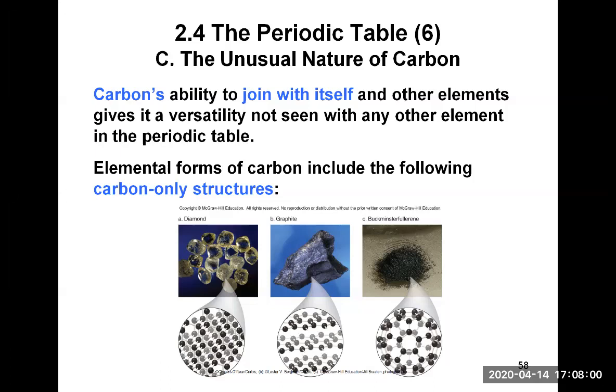Diamond is made of carbon only, and the structure is very dense. It's a network of 6-carbon cycles, very compact. And that's what gives diamond its nature.